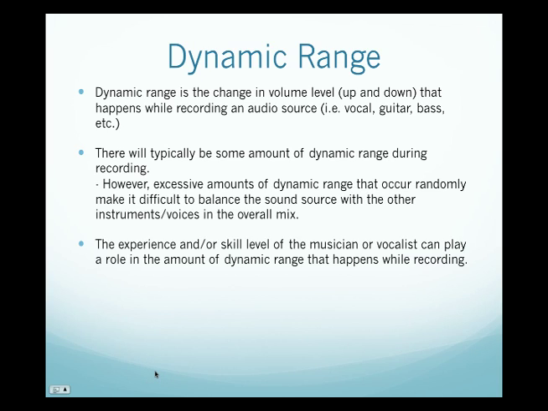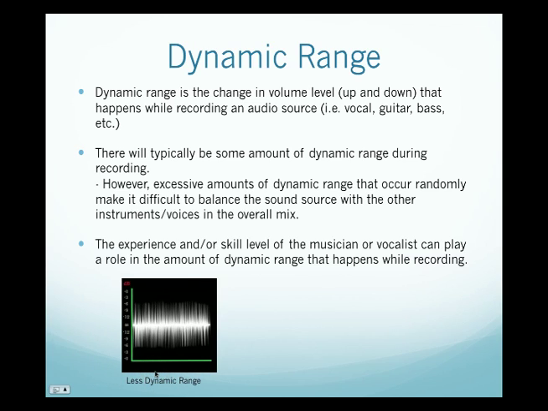One of the things that impacts the amount of dynamic range when you're recording is the experience and skill level of the musician or vocalist. If you have someone who is experienced or skilled, the dynamic range has a tendency to be more under control than someone who might be new to recording, or not as skilled. Then there might be a tendency for some passages of music to get loud and some to get soft.